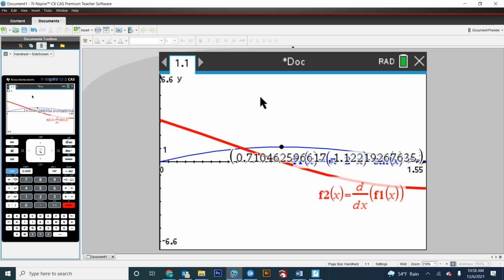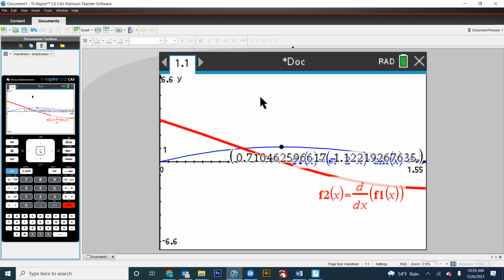There is a maximum value on the area function at x equals 0.710 because the derivative changes from positive to negative at that critical point. So you get to have your calculator. You get to take the derivative with the calculator. You're going to tell me the critical point from the calculator.